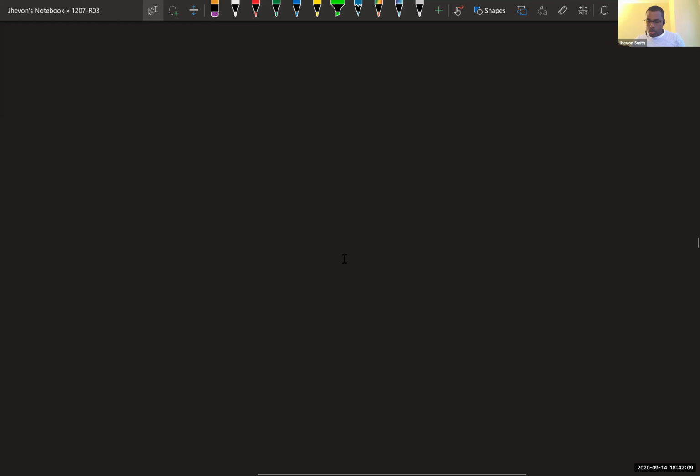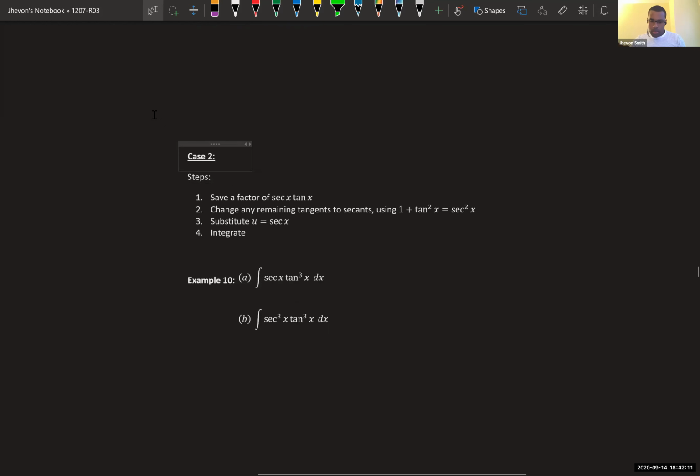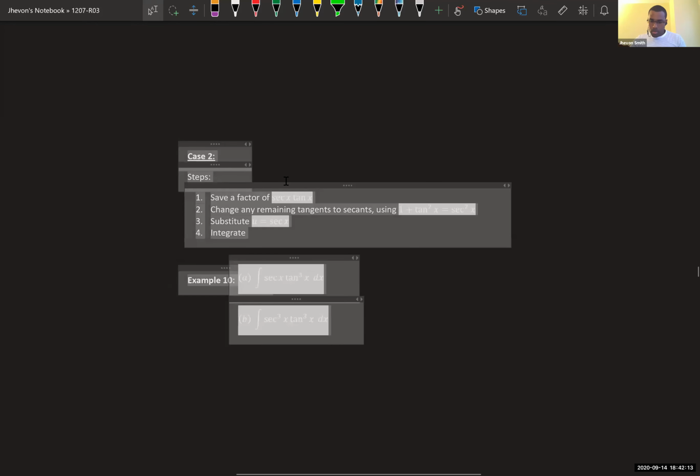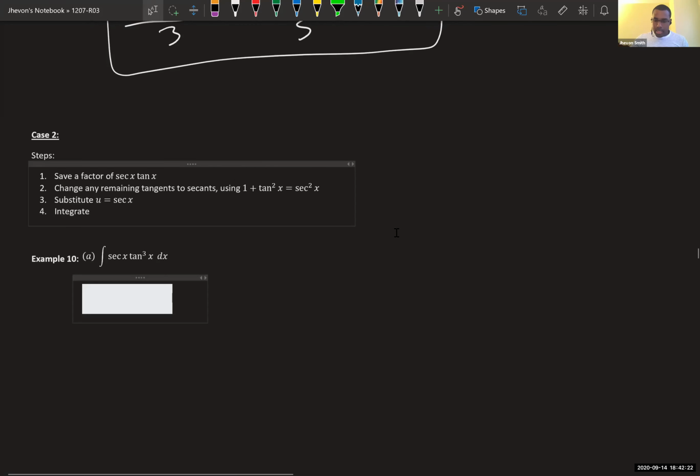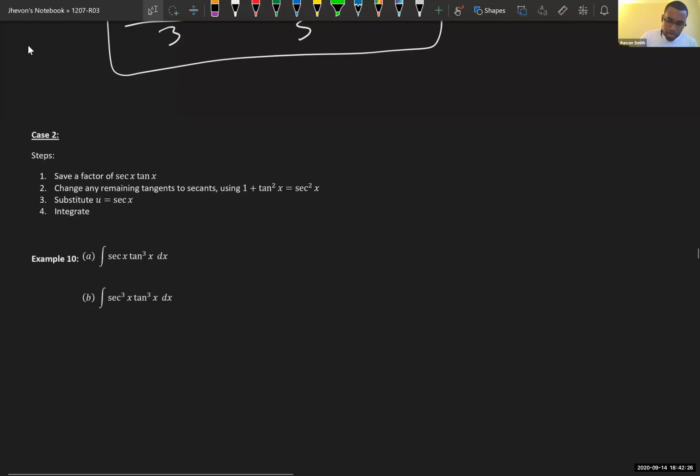Case 2 in these guys. So when it comes to secants and tangents, and we're in case 2, that basically means the power of tangent is odd and secant is present.